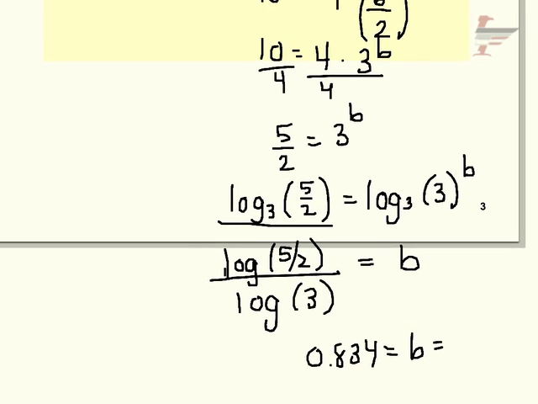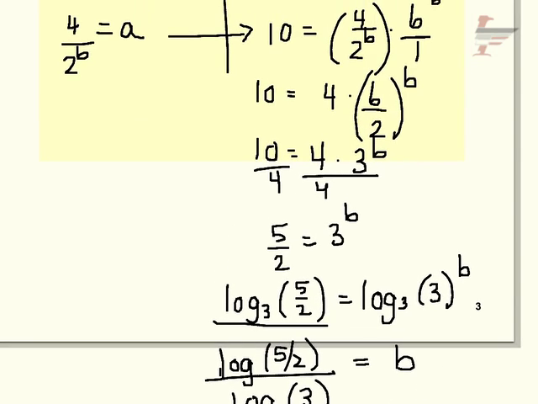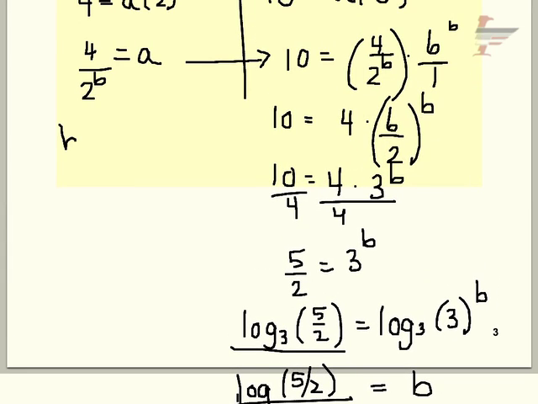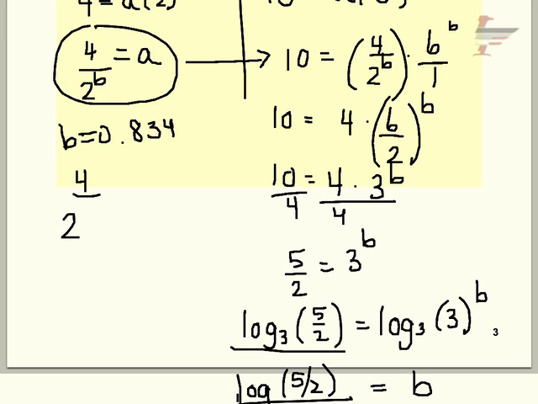And then you can go up here. Now that I know b, I can substitute. I'm going to rewrite that 0.834 is b. So I can figure out a by plugging it into this formula. So 4 divided by 2 to the b, but I know b is 0.834, equals a.